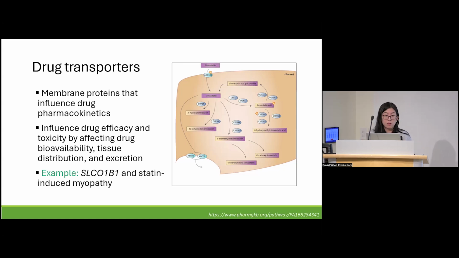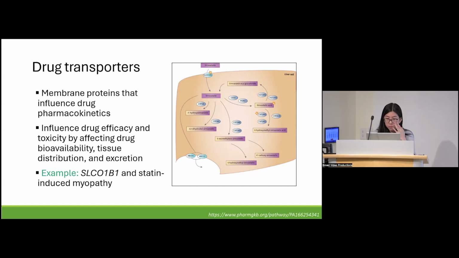And then this can result in potentially increased risk of side effects. And so what we know is that clinically, statins are very commonly prescribed, but these muscle-related side effects or myopathies can be quite frequent and can cause people to stop taking them. It can result in non-adherence, which has downstream consequences.